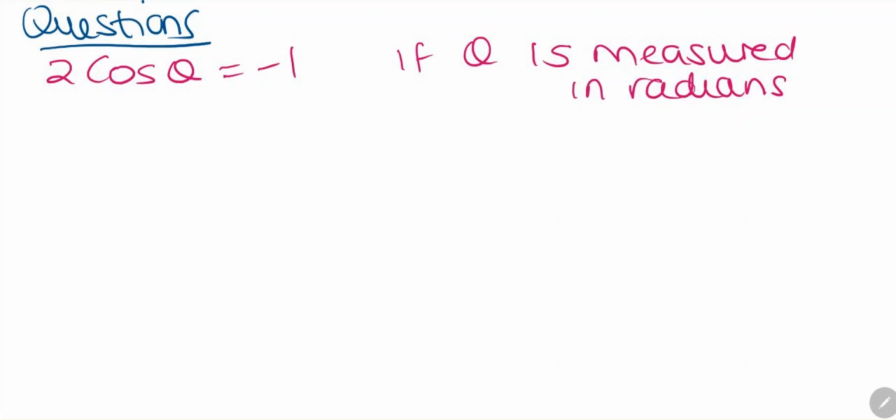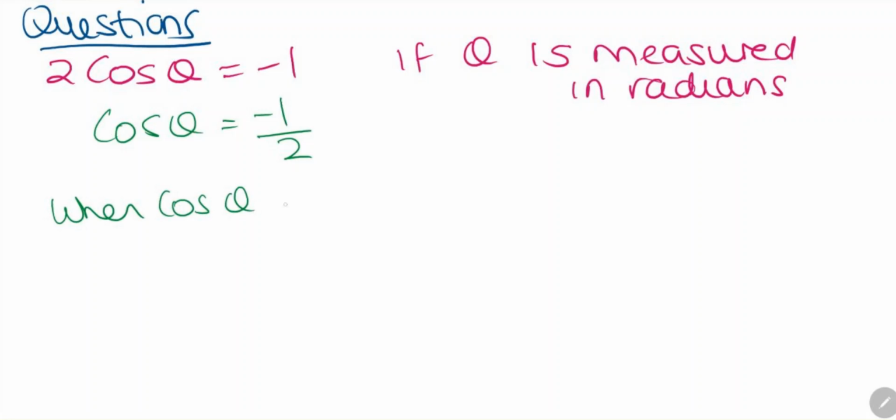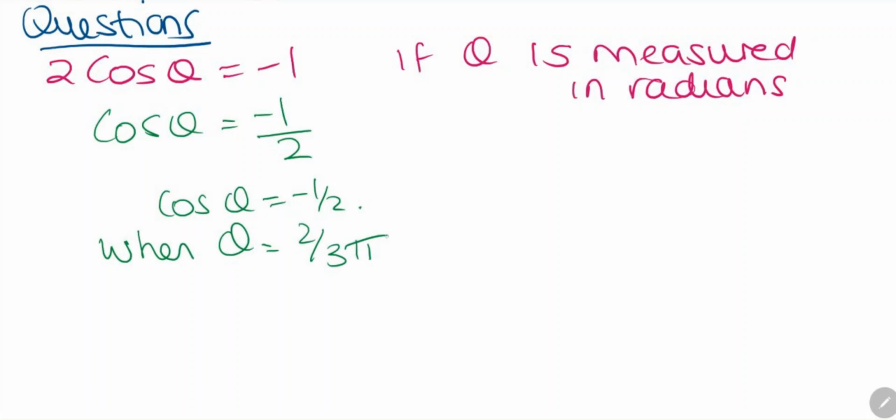So we need to rearrange. So this is 2 cosine theta, so we're going to do cosine theta is minus 1 divided by 2. So that's going to be cosine theta is minus a half. So when cosine theta is minus a half, this is when theta is at 2/3 pi.